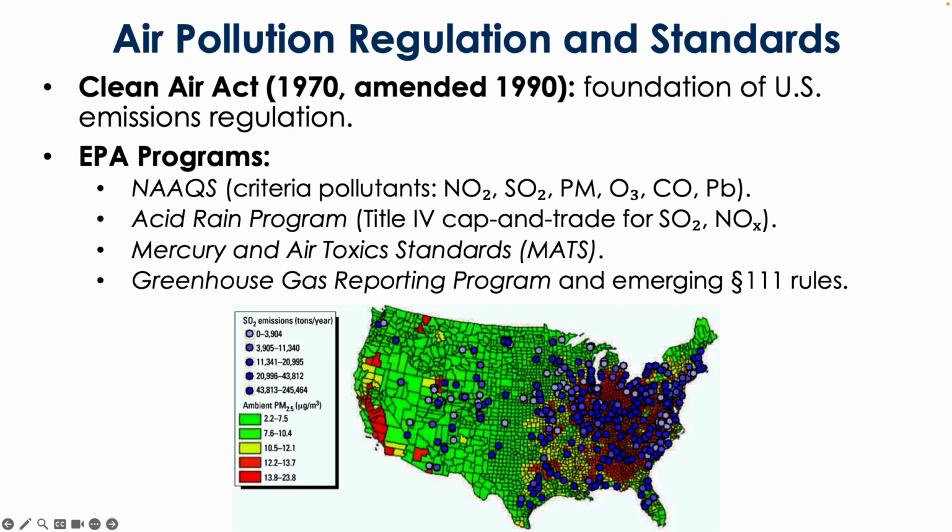There are specific programs about reporting that are great and let us have an understanding of impacts. But as far as cleaning it up, it has been less on EPA regulation and more on other transformational policies that are pushing us towards clean energy.